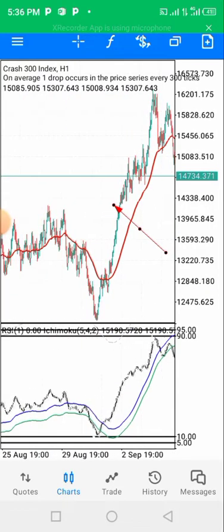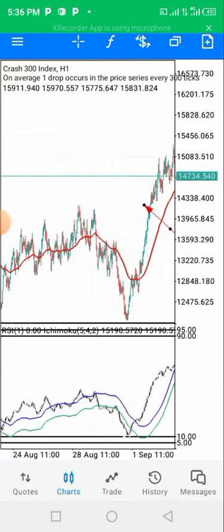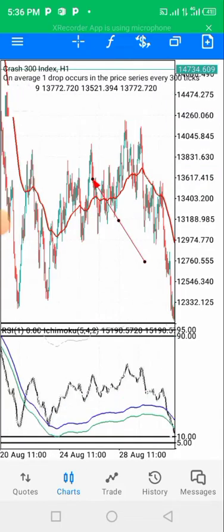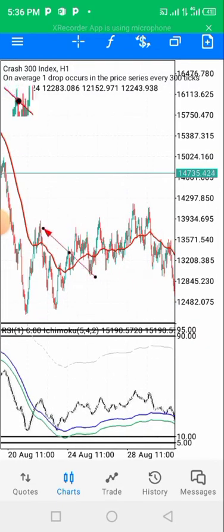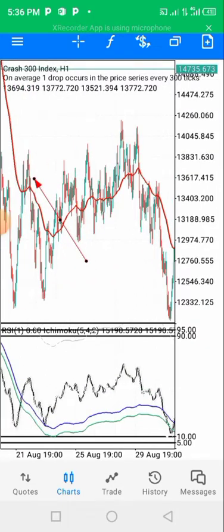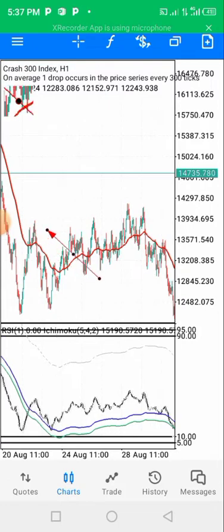This is how you get to know when a market is on an uptrend. Let's take this to be our phase high. The market went up to this level, then there was a reversal at this level and it came down here.